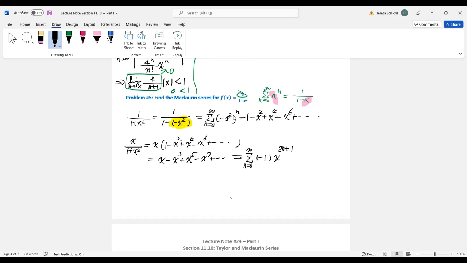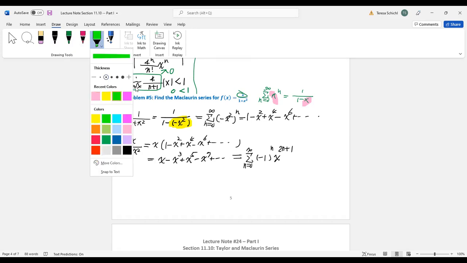When n equals 0, it is 1, so that's fine. So what does the negative 1 do? When n equals 0 it is positive, so here I just put negative 1 to the n, and that will work. When n equals 1 it is negative, when n equals 2 it is positive. So this works.